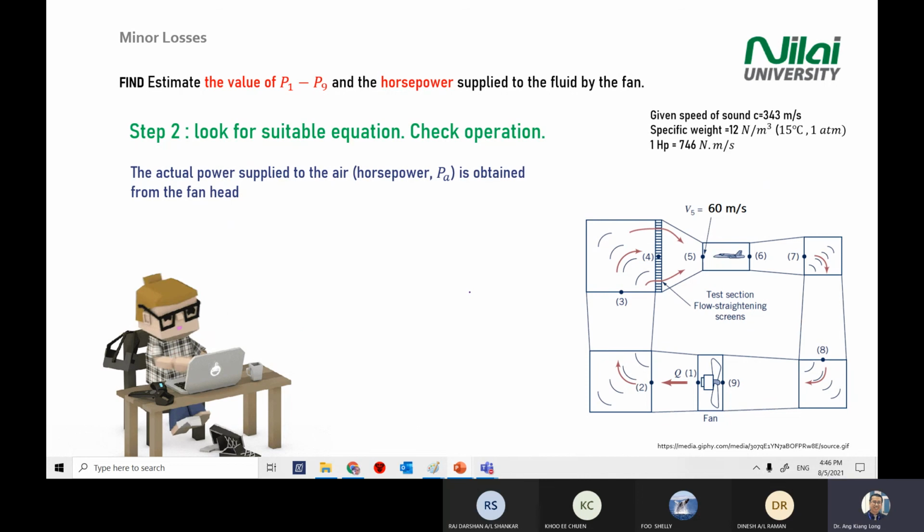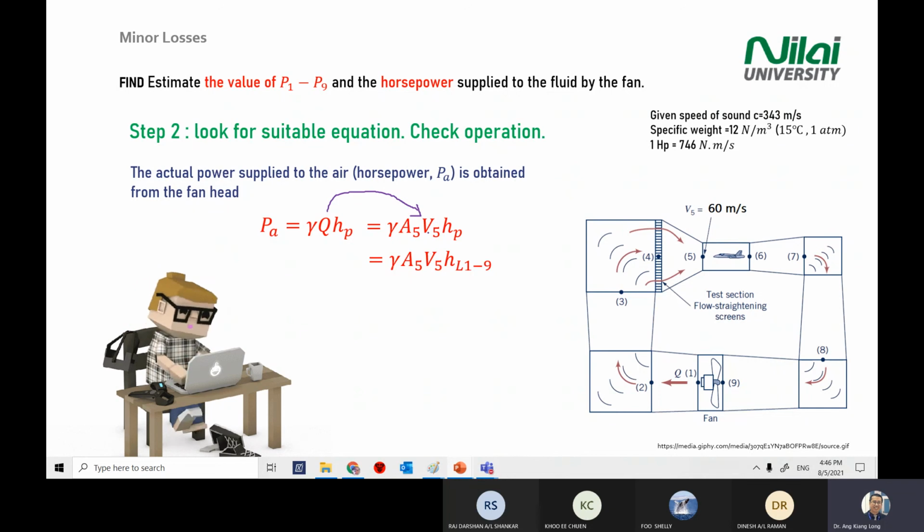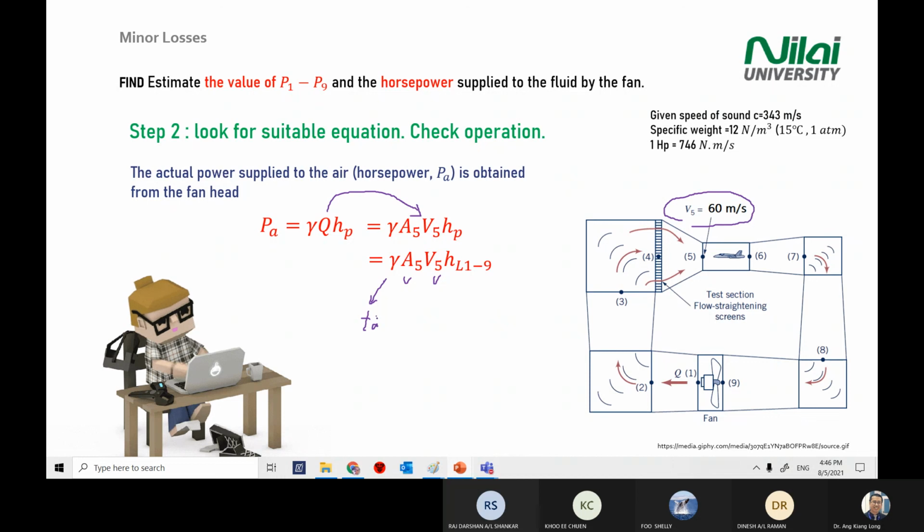Okay, we continue. So you convert your Q into VA, because the maximum speed that we need to maintain is in the test section here in the wind tunnel. Maximum is 60 meters per second. Area is given in the table, so this value is given and this value is given. This value in the test is referred to the table for air, because we are using air.